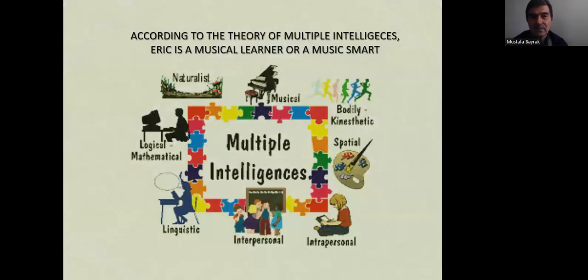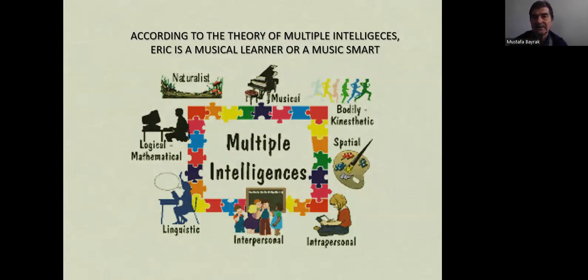Yes, let's remember the learning style theory. According to the theory of multiple intelligences, Eric is a musical learner, or a music smart. Yes, there are other ways. Learning something new occurs by means of these ways.